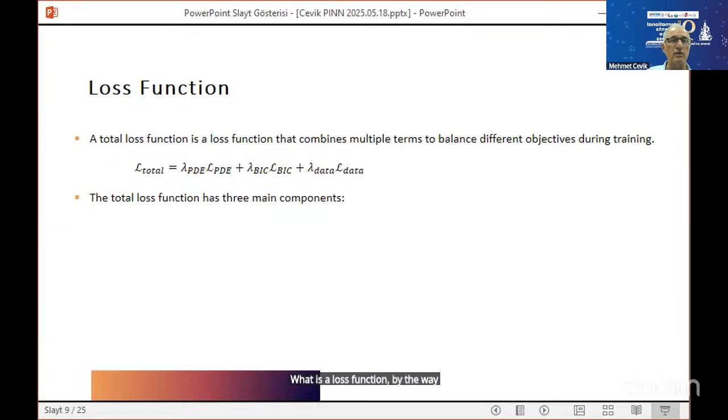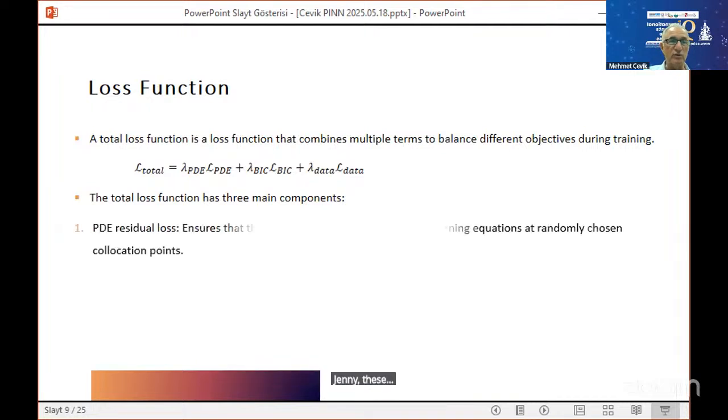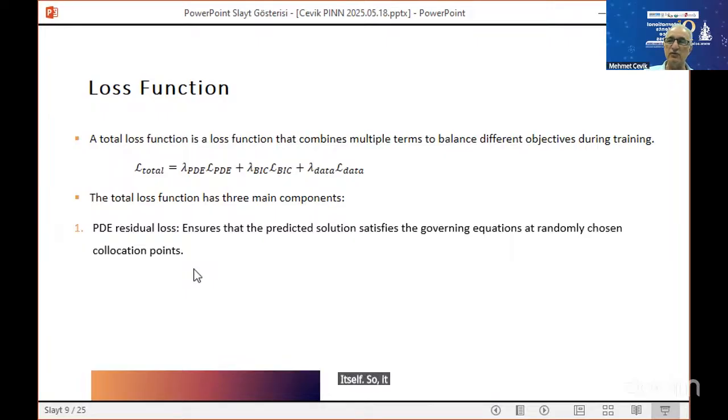A total loss function combines multiple terms to balance different objectives during training. The first of these terms is related to the partial differential equation itself. So the solution has to satisfy the equation.